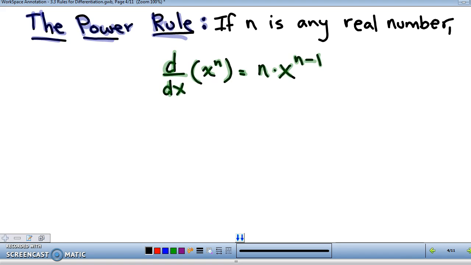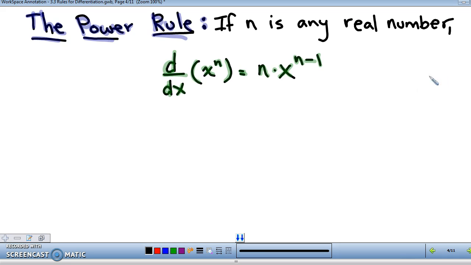Okay, the power rule. This power rule is going to be a rule that you will begin to use from this point on, almost on a daily basis here in your calculus class. So the derivative of x to the n is just n times x to the n minus 1.